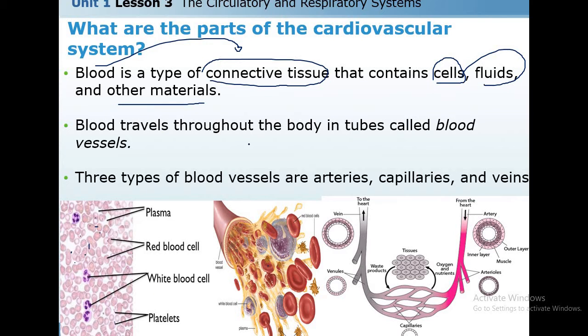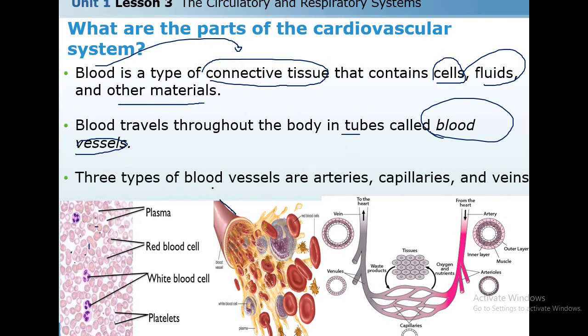Blood travels through the body in tubes. This tube called blood vessels.